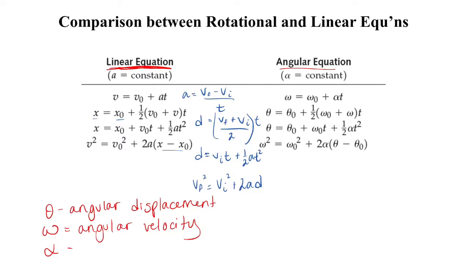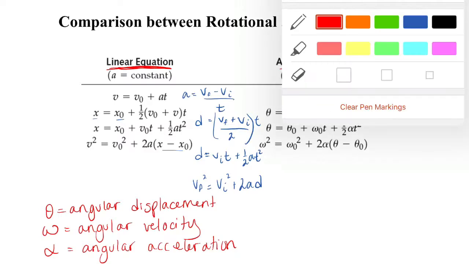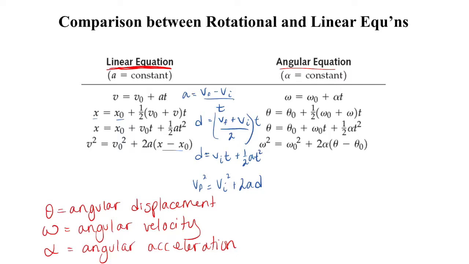And instead of A for acceleration, we have alpha for angular acceleration. So therefore, we can take all these equations and replace theta for displacement, omega for velocity, and alpha for acceleration, and we have all the same equations except for rotational motion, which is really, really helpful.